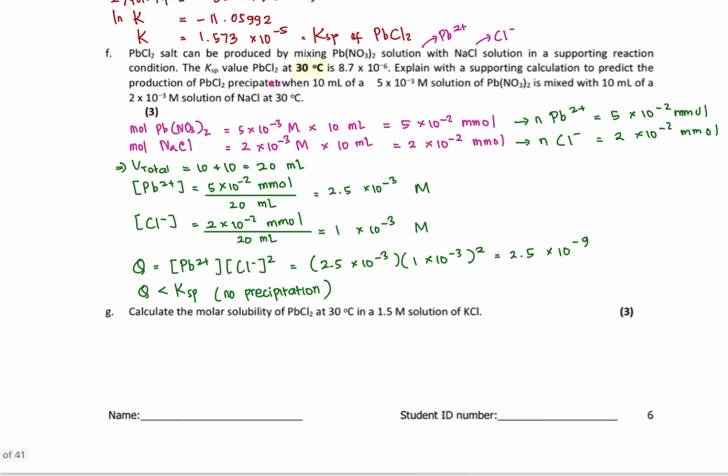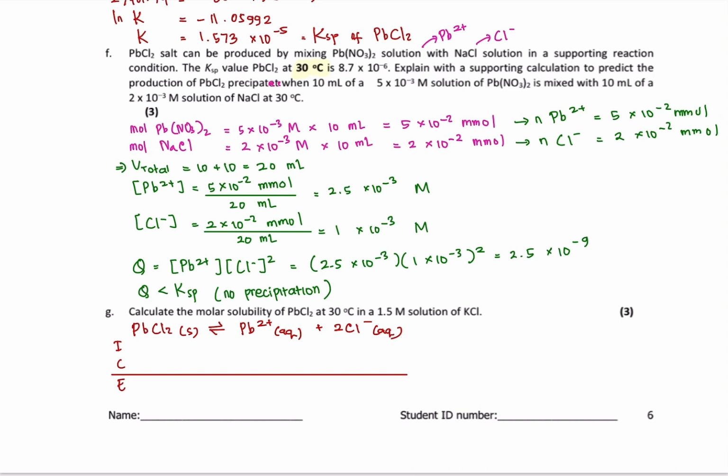Now the next question, calculate the molar solubility of PbCl2 at 30 degrees Celsius in a 1.5 molar solution of KCl. So here we are going to use the original chemical equation. So we have Pb2+ and then 2Cl-, and we're going to use the ICE table over here.